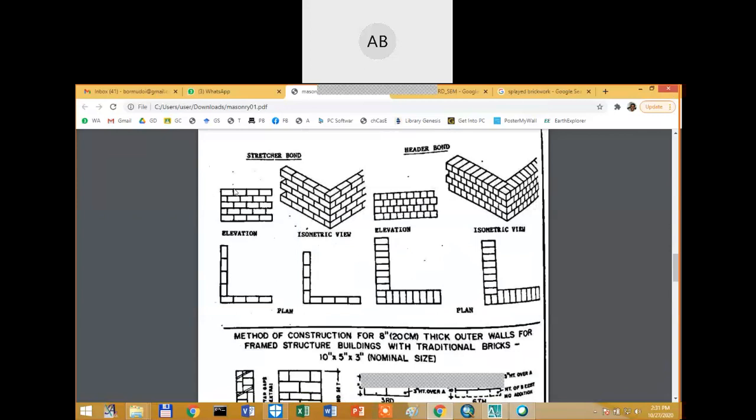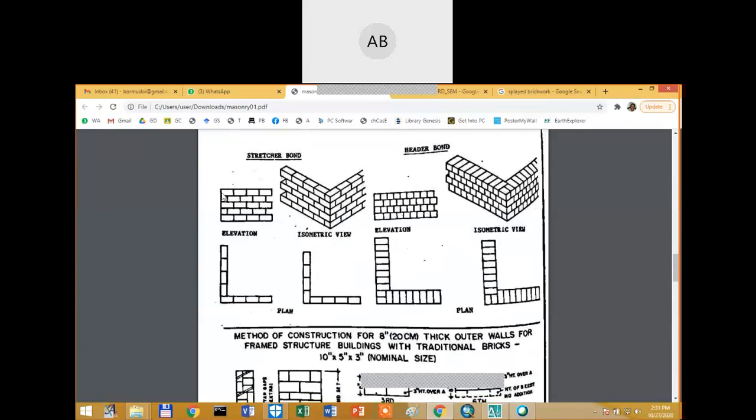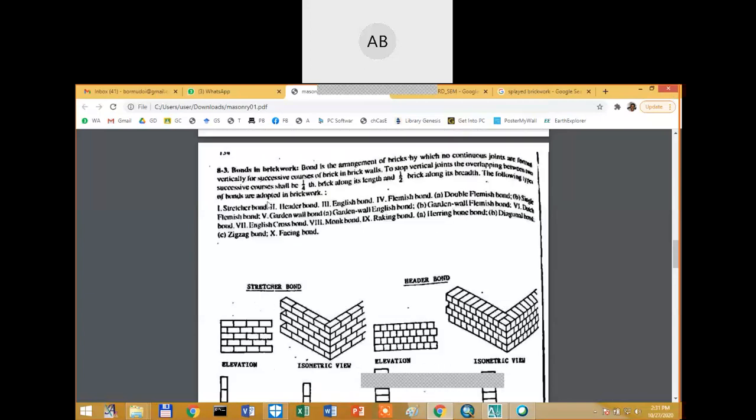From here up to here, this is 19 centimeters. From here up to here, this is 9 centimeters. Okay, and then along the width, we have 9 centimeters. So this is our stretcher line. So if you arrange the bricks along the stretcher side, there you get a stretcher bond. Is it?